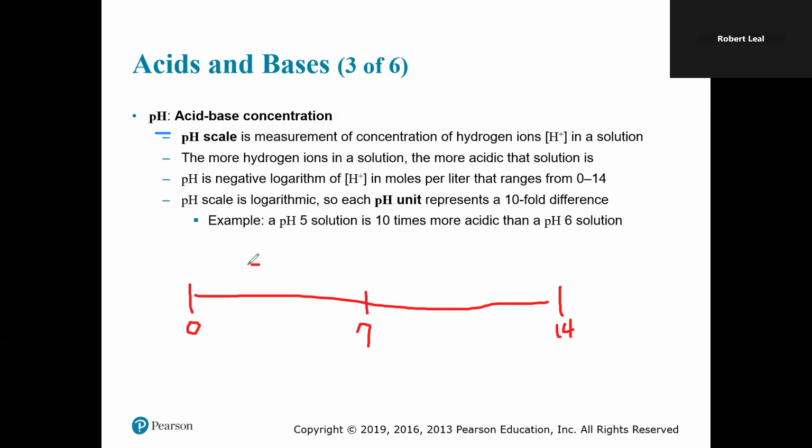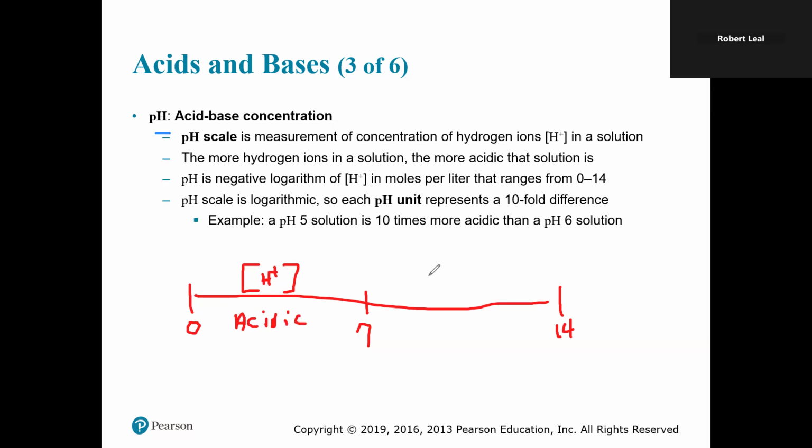So when you have a solution and let's say there's more hydrogens in the solution, and I draw these little boxes to indicate concentration, how much. It doesn't say exactly how much, just means amount. If you have more hydrogens in a solution where the number is below 7, we say the solution is acidic.